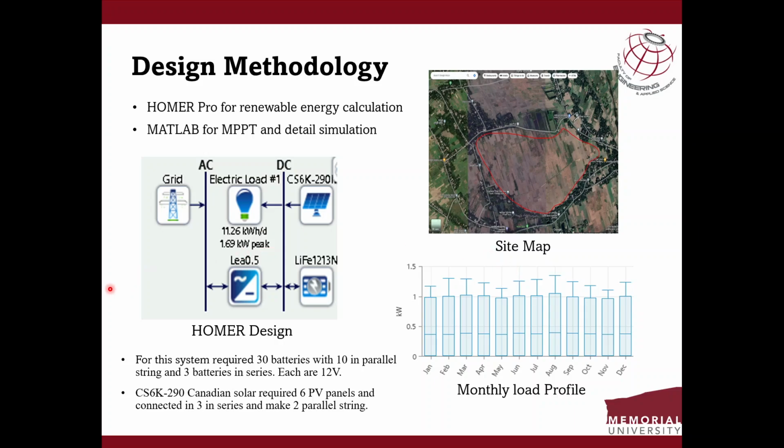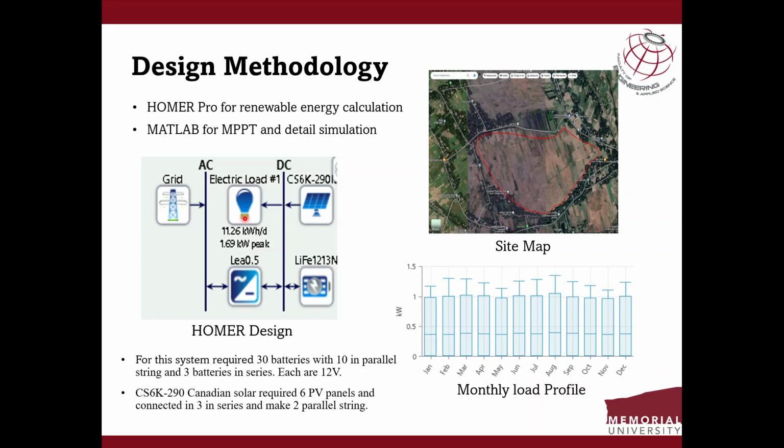So here is our design methodology, how we designed this system for that location. Here you can see our site map, from Google Maps. This red marked area is our land to place the PV panel, and then we designed a HOMER Pro system.